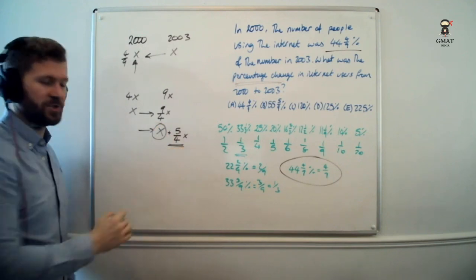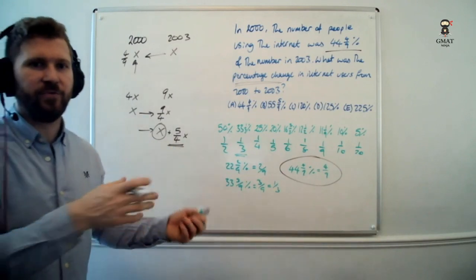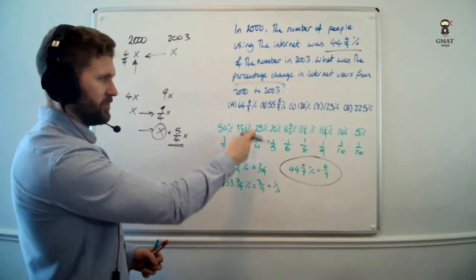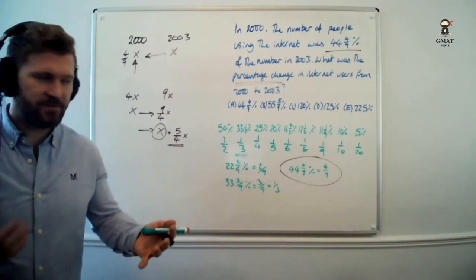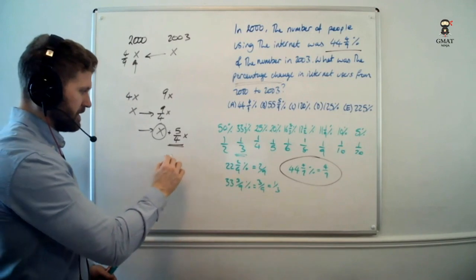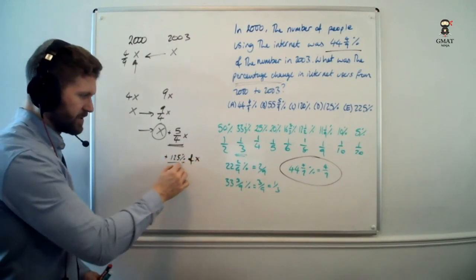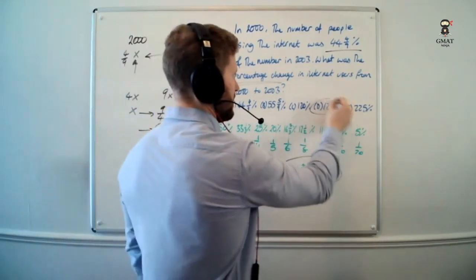This is the change. And so what can I make 5 over 4 into a percentage? Well, as we said, 1 over 4 was 25%. 4 over 4 is going to be 100% because that's full. So 5 over 4 is going to be 125% of x. So the percentage change is going to be 125%, which is D.